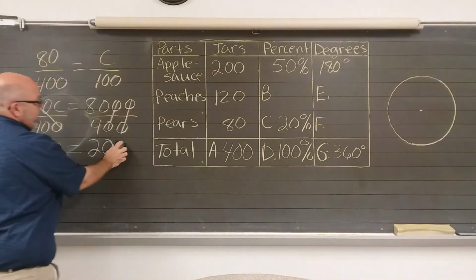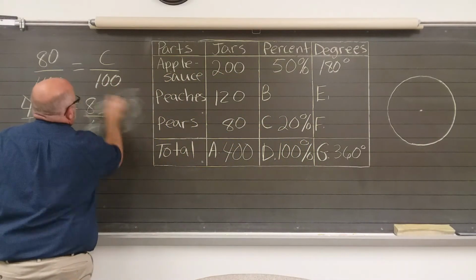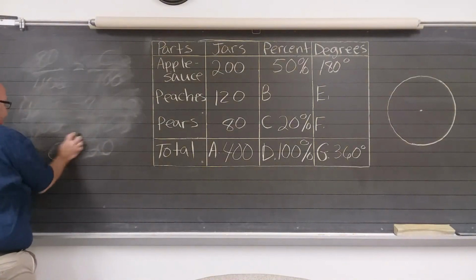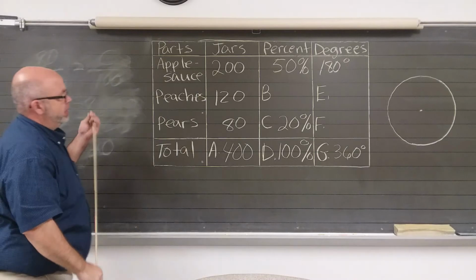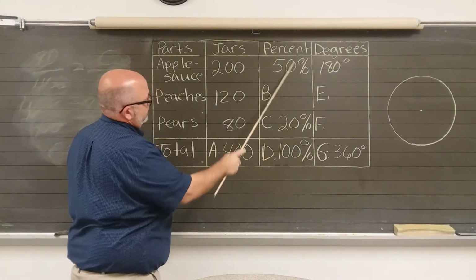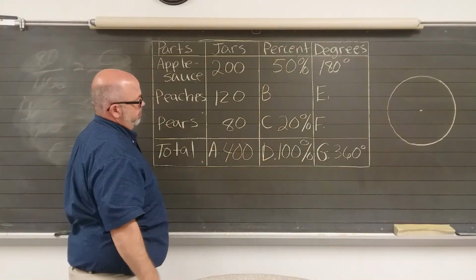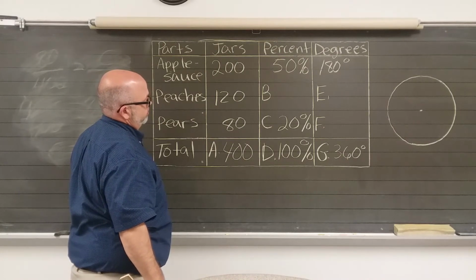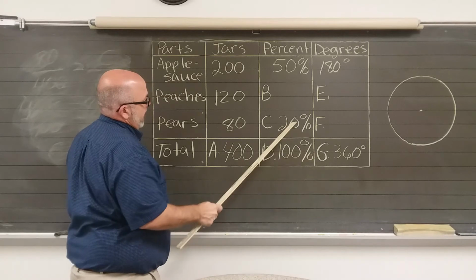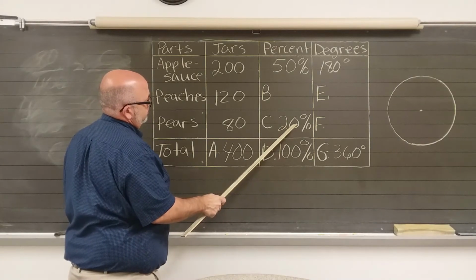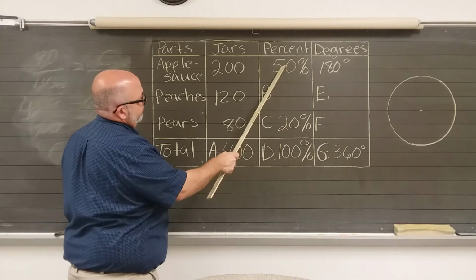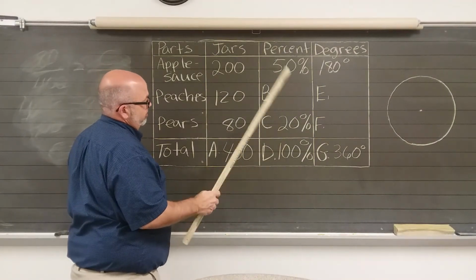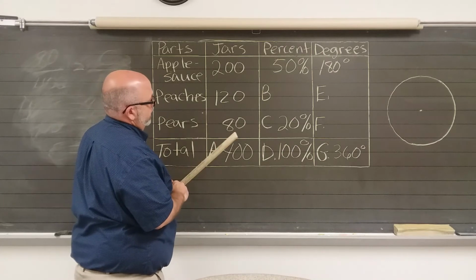Now how can we find B without running another proportion? All right? So we add 50 and 20 and subtract that from 100, right?